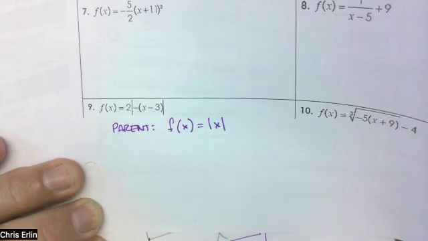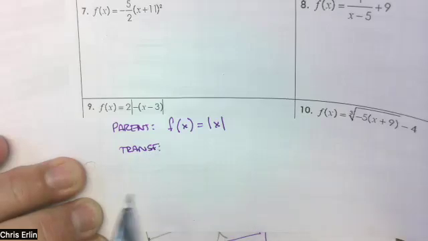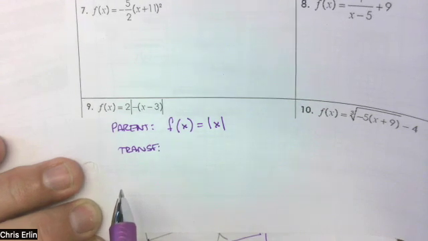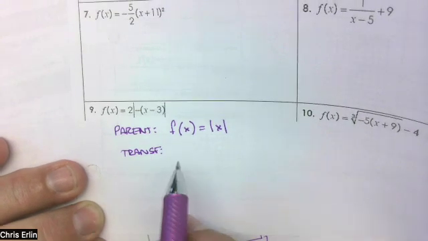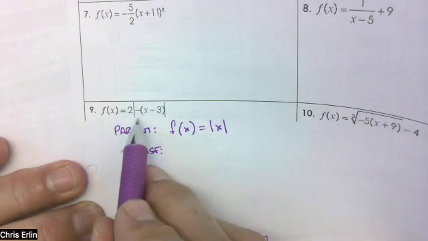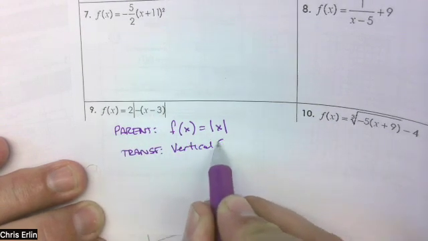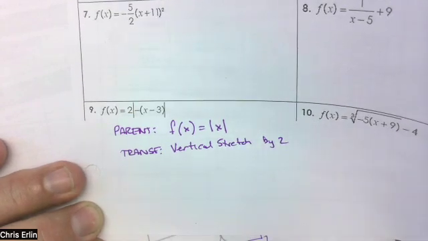Understanding that that is our parent function, we can see that we have several transformations. Somebody raise your hand and give me one. Yes, thank you, Will. Vertical stretch by 2. Good. This one out front is outside of the y value, so that's a vertical stretch, scale factor of 2.